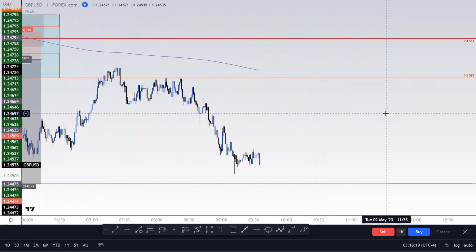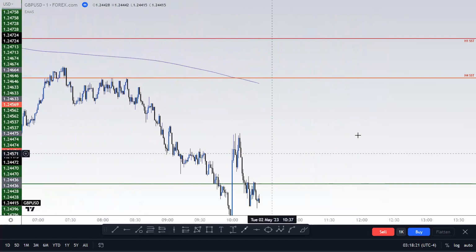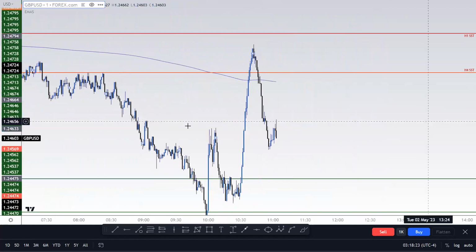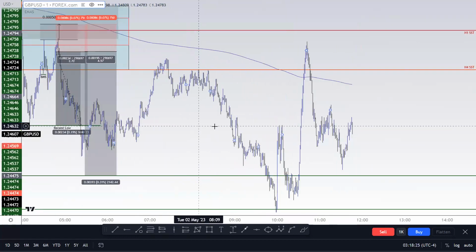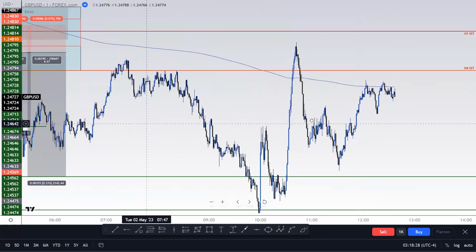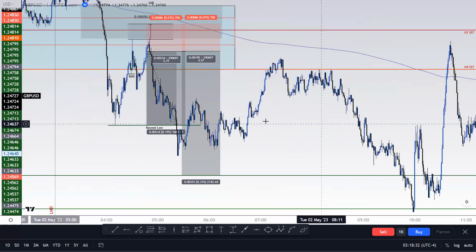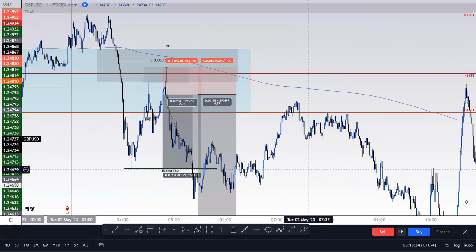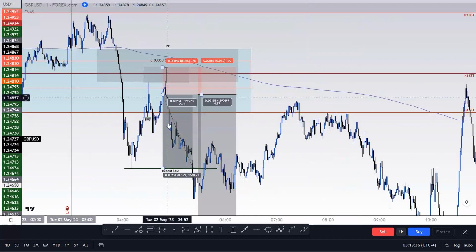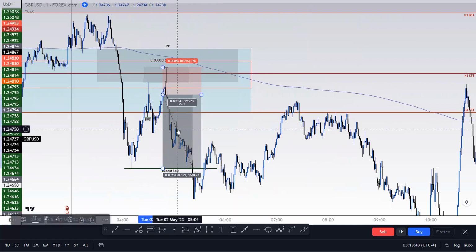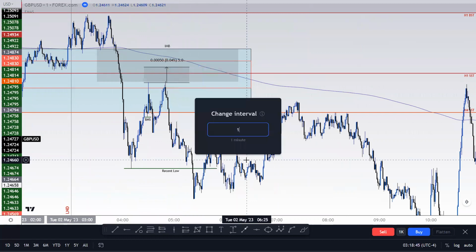Then price gave a bearish continuation just around New York Open, and gave us a second TP hit. So this is the setup that took place on Tuesday. Okay, so Tuesday was a 15 minutes break retest reversal with a 15 minutes entry at the imbalance, because we got a secondary break of market structure.